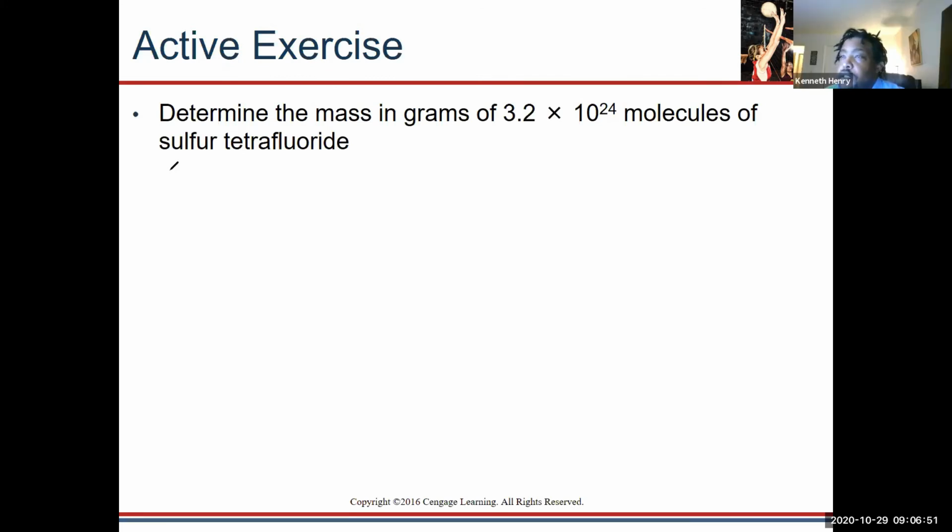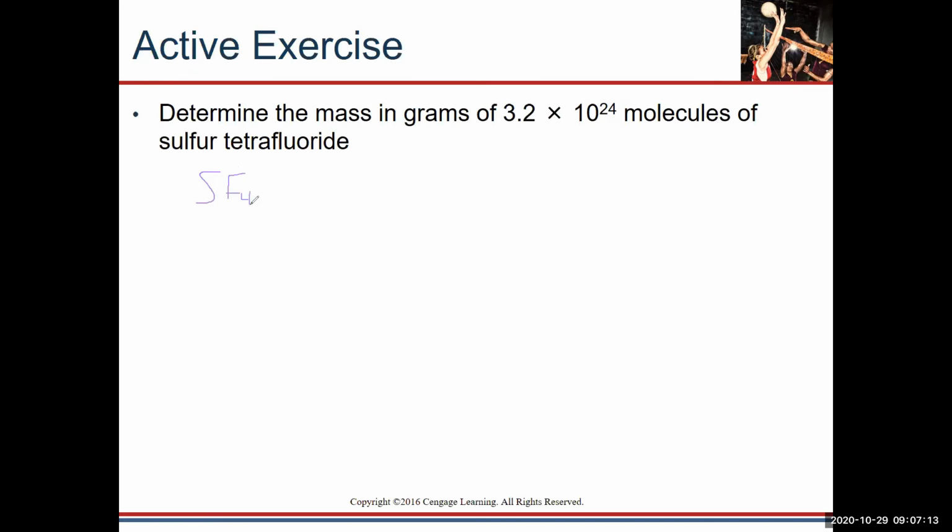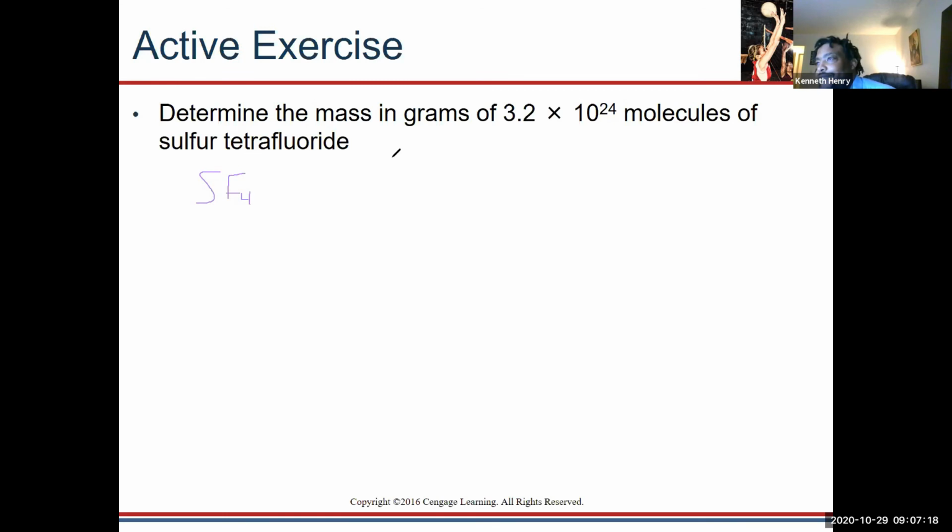First off, we probably need to figure out what sulfur tetrafluoride looks like chemically. What's the chemical formula for sulfur tetrafluoride? SF4. That is correct. So you said find the molar mass.